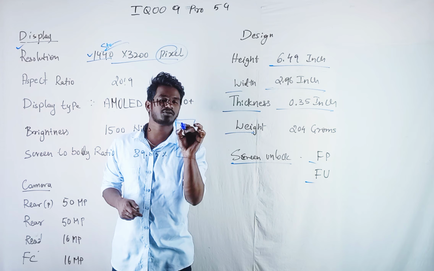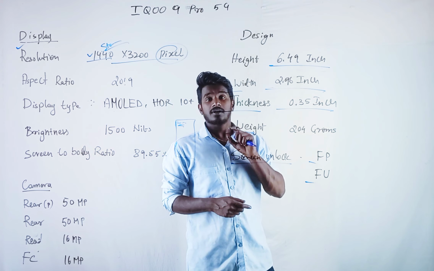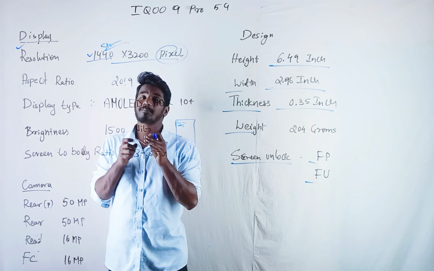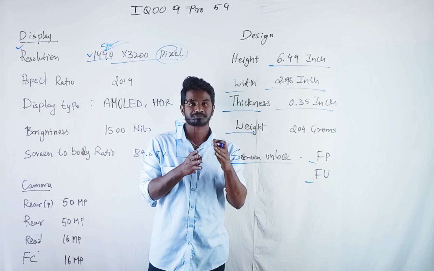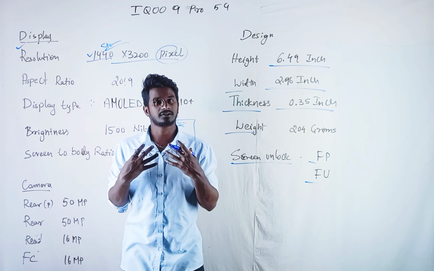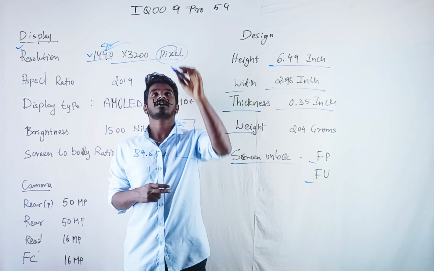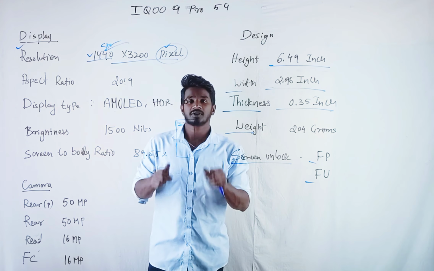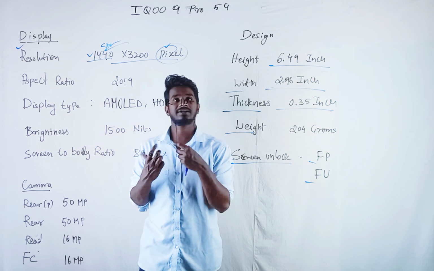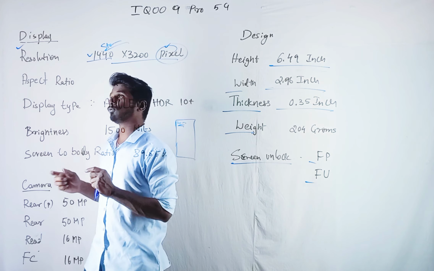There will be small boxes in your mobile phone, that is called pixels, through which you can see the images, the words, whatever you are seeing in your mobile phone. If you zoom into any image, you can see the small pixels in your phone.